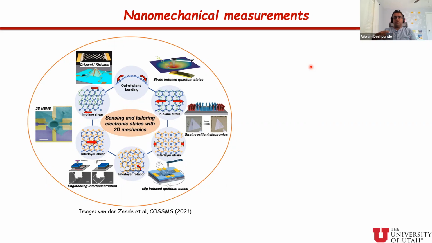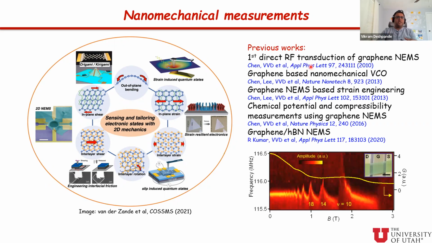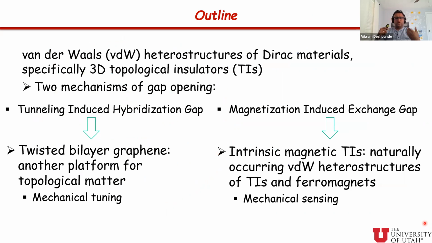We are also motivated here by our own previous work. We have experience in doing various types of nanomechanical measurements, particularly in the context of graphene over the last decade, and we've tried to apply these sorts of techniques and experience to newer topological materials, for example.